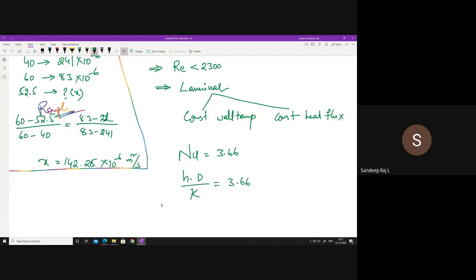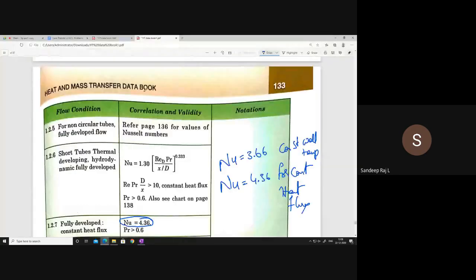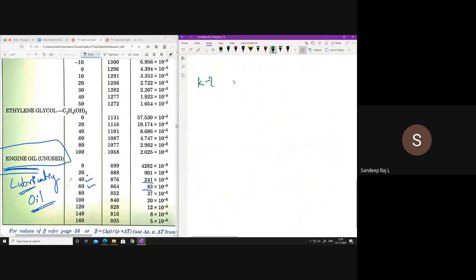In this, what is unknown? k is unknown. k is not known to you. So you have to get it from the data book. How do you get it from the data book? Again, the same story. For 40 you have a value, for 60 you have a value, and then for 52.5, you need.